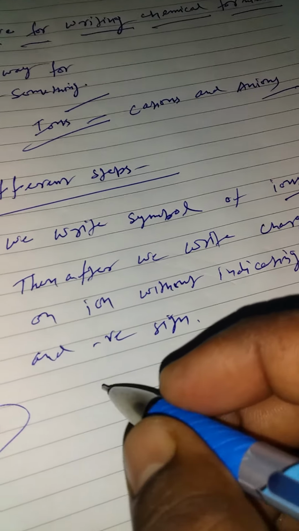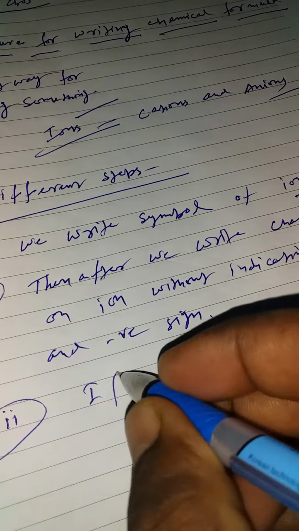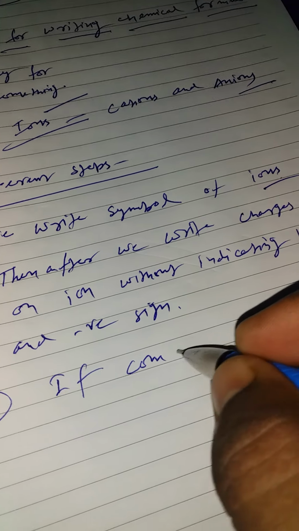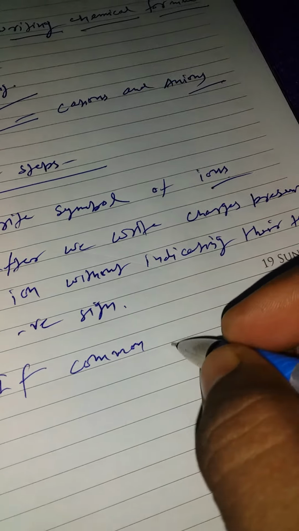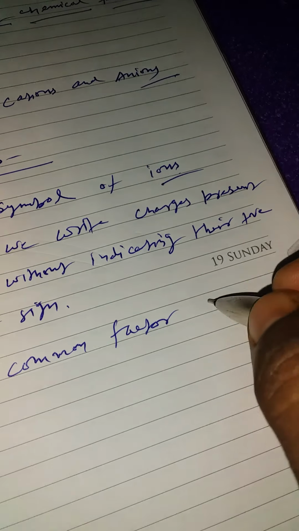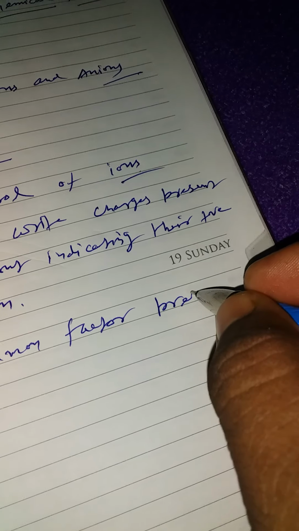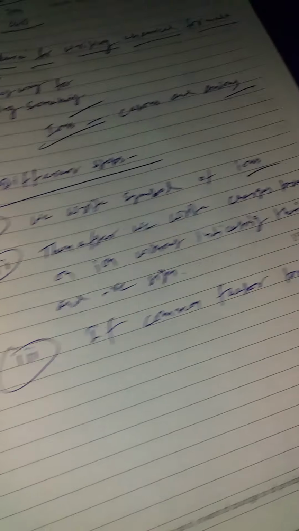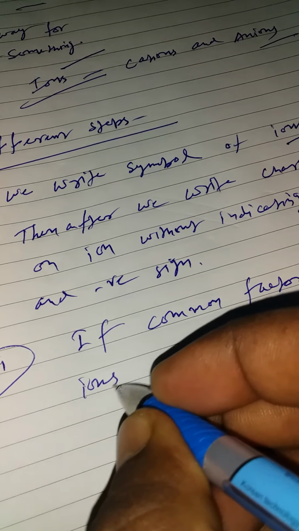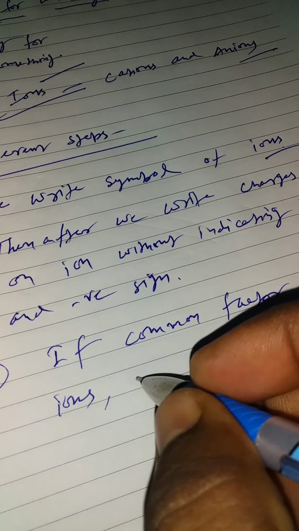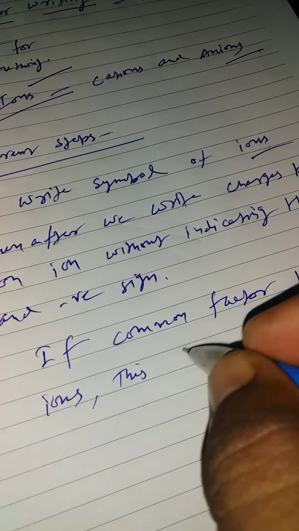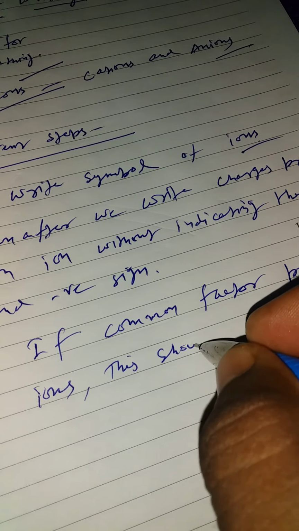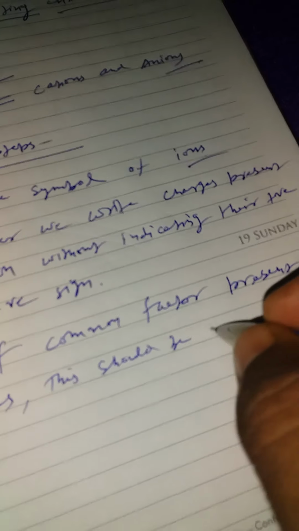Third point, if common factor is present in ions, this should be removed.